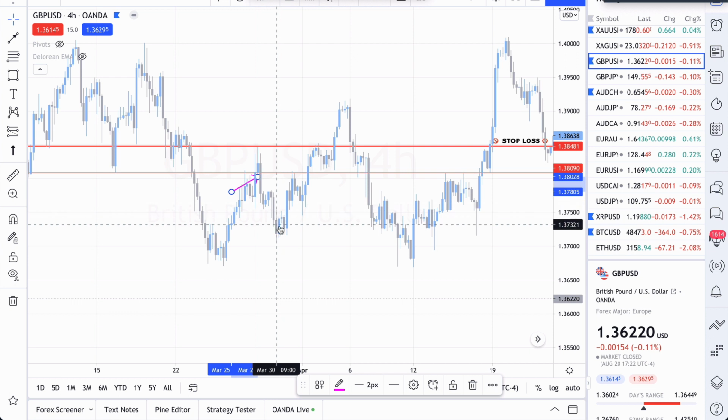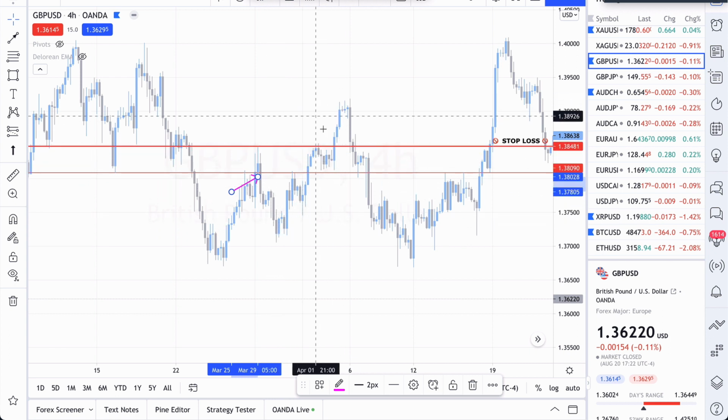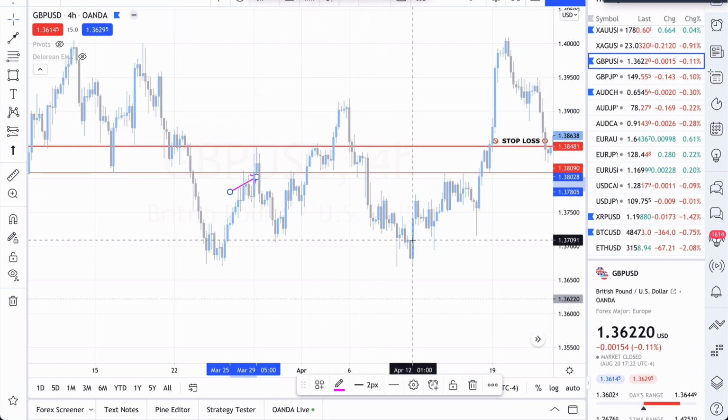You see it's in profit. You haven't moved the stop loss yet for whatever reason. And then banks will come back and take out all of this, and then it makes the move that you wanted.